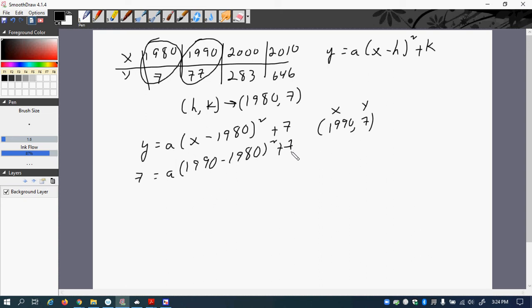My first step is to get a by itself. So I'm going to subtract these two, which gives me 10, and then I can square that, so that's 100. So 100a plus 7.